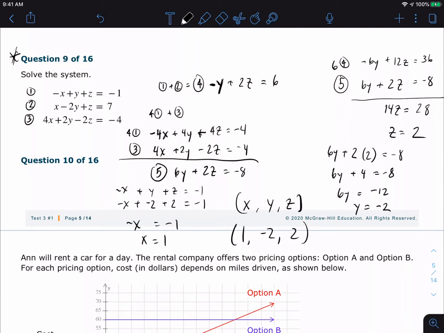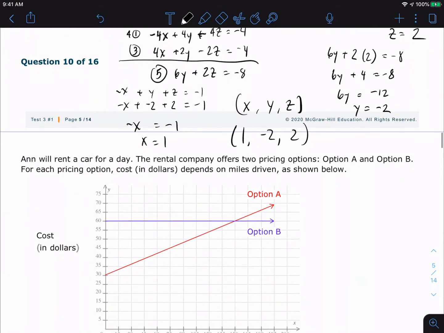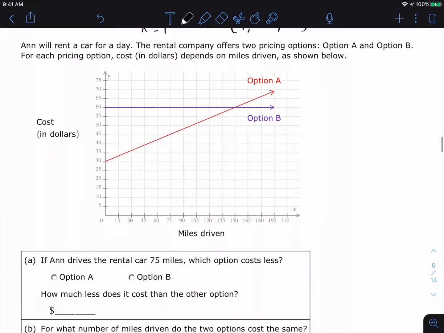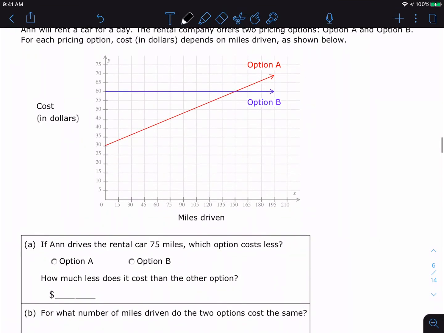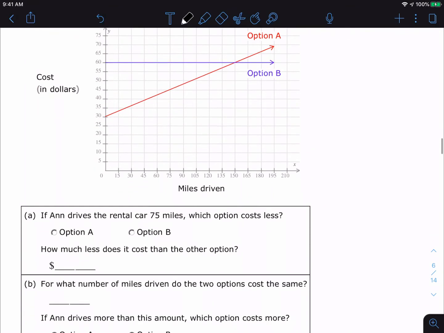All right, let me do the next problem. So in the next problem, it's cool. They give us a graph, and they tell us that Anne wants to rent a car, and these are the 2 rates for the 2 companies that she's trying to go with. And it says if Anne drives the rent-a-car 75 miles, which option costs less? So let's look and see. This is 75. Which one's less?